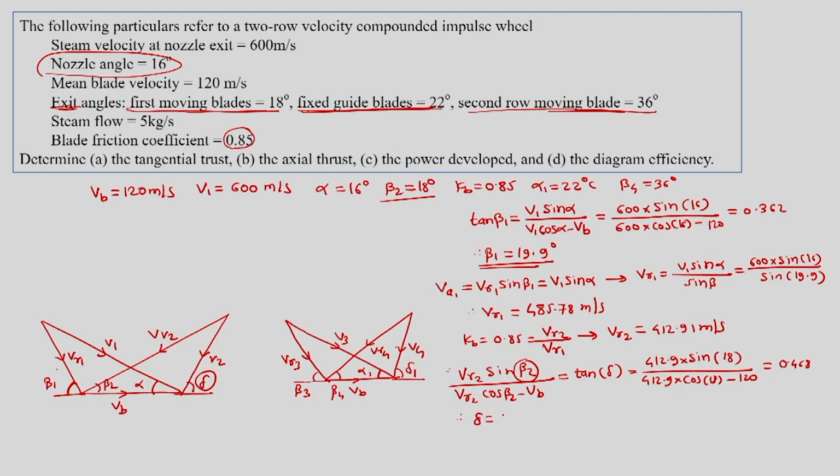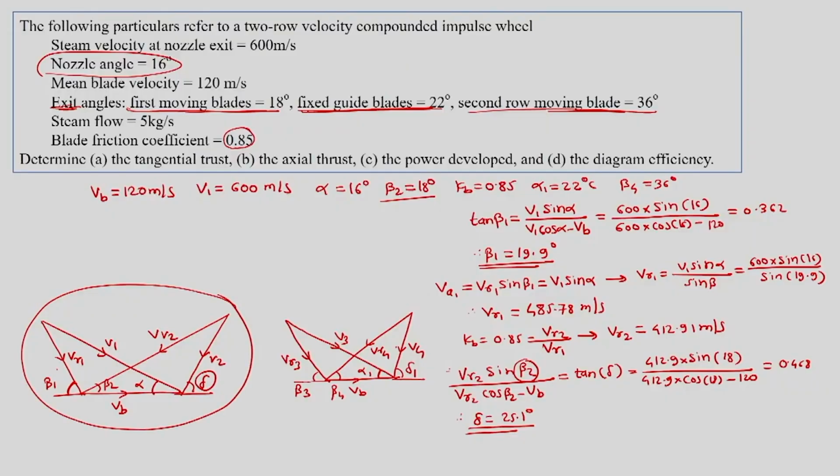So delta is equal to 25.1 degrees. So we got the absolute velocity angle at the outlet. Now we are done with the inlet and outlet velocity triangles for stage 1. Now we will work on stage 2.